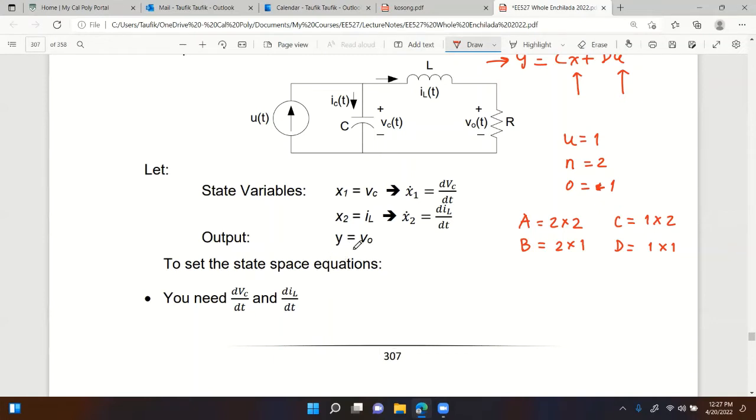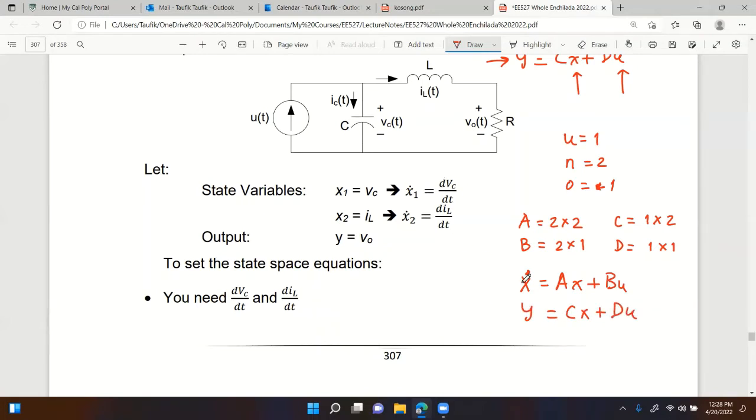And then the output is defined to be the voltage across the resistor right there. So how do we derive the state space equations? Remember, x dot is equal to Ax plus Bu, and y is equal to Cx plus Du.